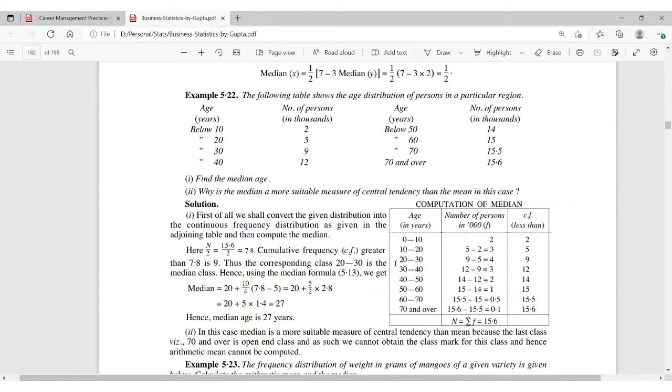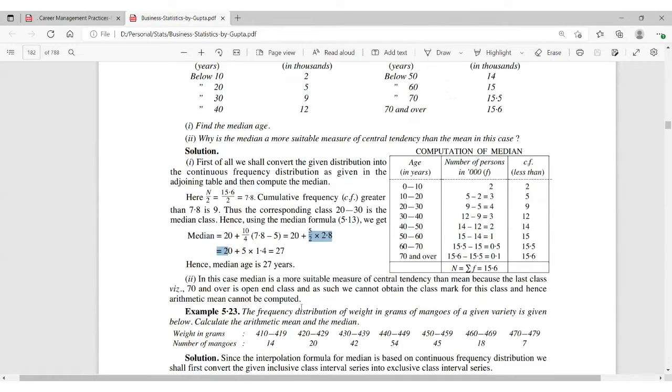The median class is this 20 to 30, so the preceding one is 5. Clear? Put it in the formula. Putting in this equation, we get the median. The median comes to be 27.